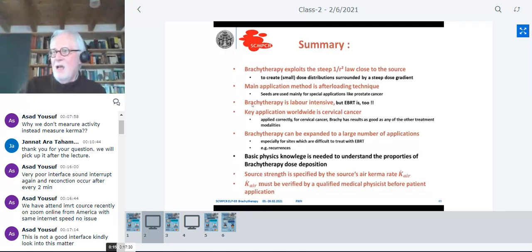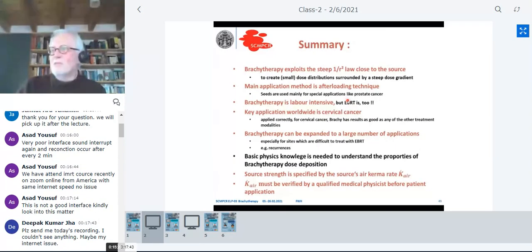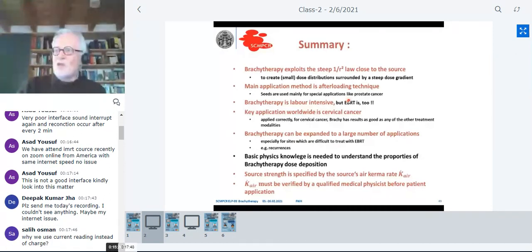Brachytherapy is in principle labor intensive, but external beam therapy is actually labor intensive too. So if your hospital administrator says brachytherapy costs too much labor time, compare what time you need to generate a plan, to do all the segmenting, to verify a plan, and all of these things, and you'll come up with very similar times as you use in brachytherapy.